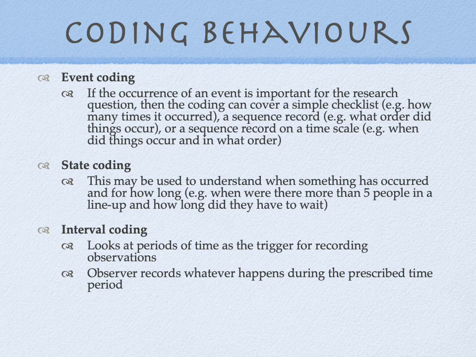The state coding. A state coding is when you're looking for a particular condition to occur, and when that condition does occur, you record that and all the things about it. So this particular example, how often does it happen that there are 5 people or more in the lineup? And how long do they have to wait? Things like that. You might be looking for particular outliers.